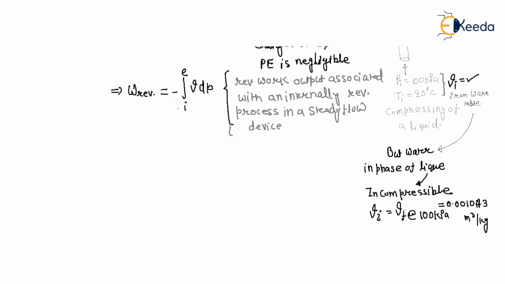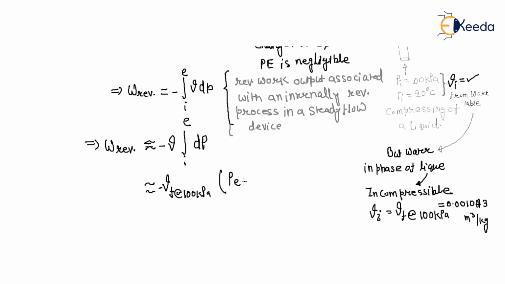Since it is incompressible, we can take it outside the integral from I to E of dP. So this gives the approximate value, approximately constant. So what is that? Minus Vf at 100 kilopascal times P exit minus P inlet.